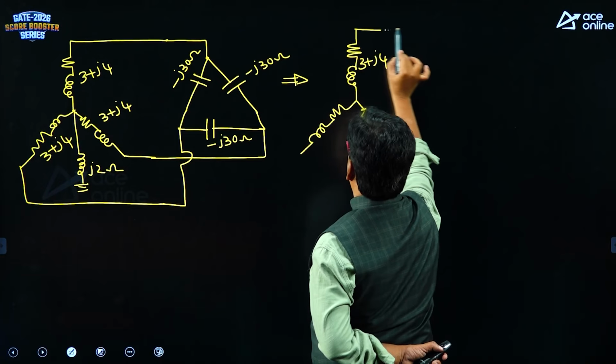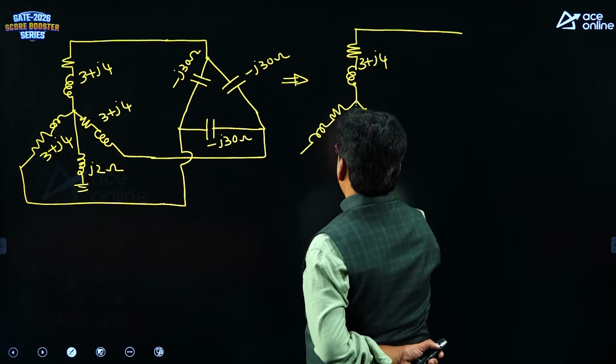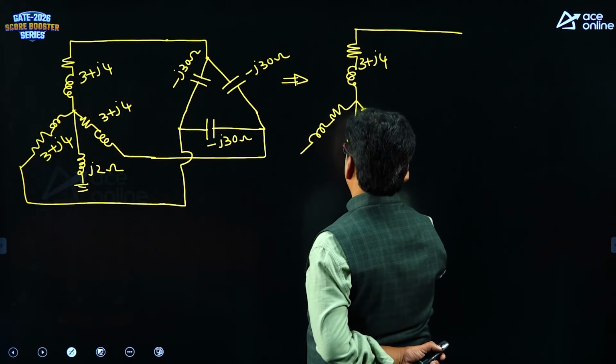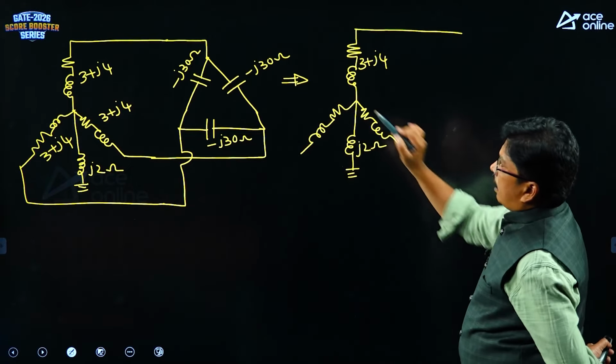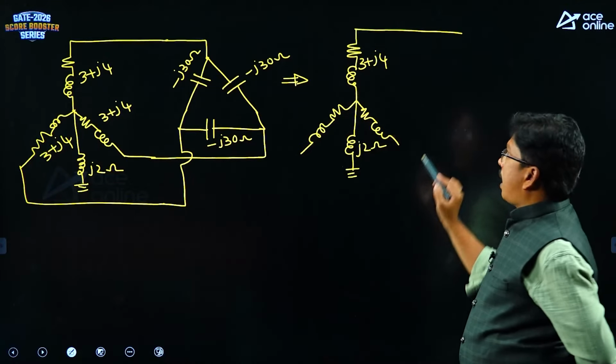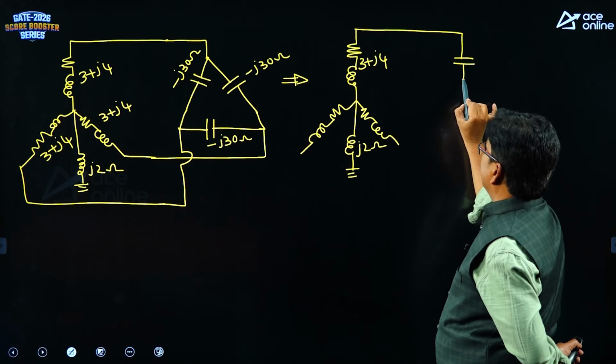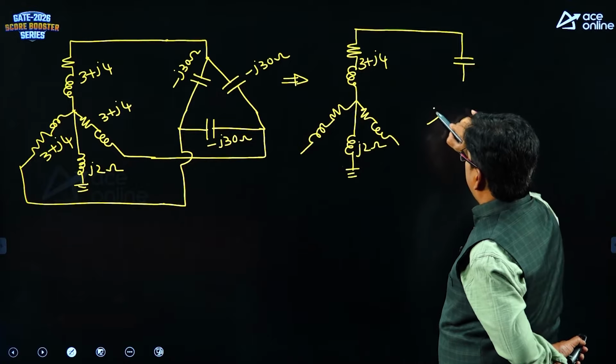I am writing only in one phase. Here we are having the neutral reactance J2. Whenever you are converting delta into star, the star that you are going to get is an isolated star.